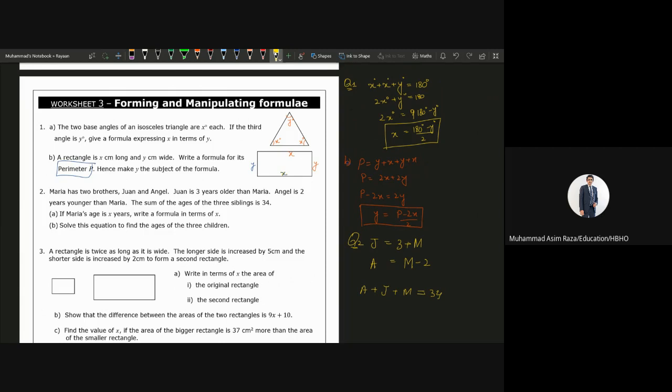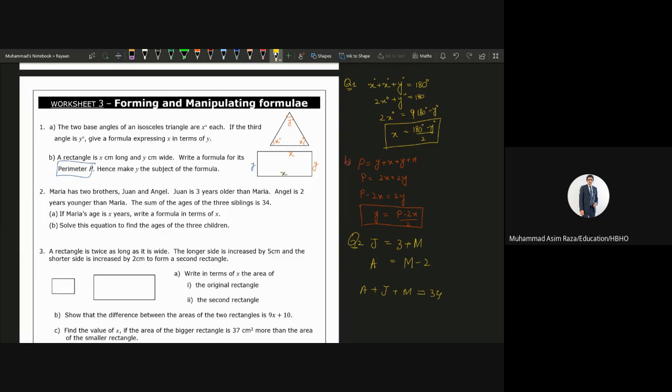So now we can see that A plus J plus M is equal to 34. Now you see that we can put values of J and A in terms of, let me see the question by the way. He says if Maria's age is x years, write a formula in terms of x.